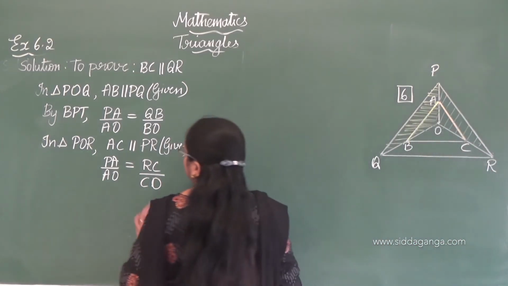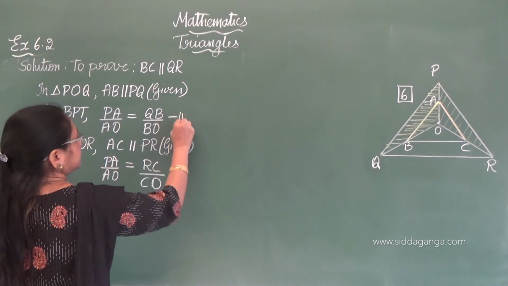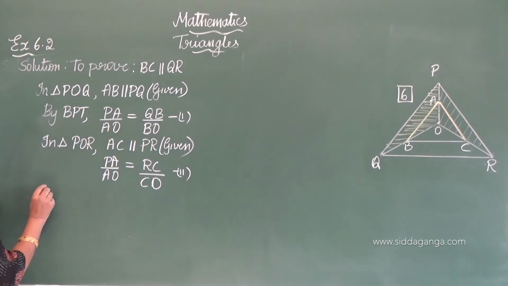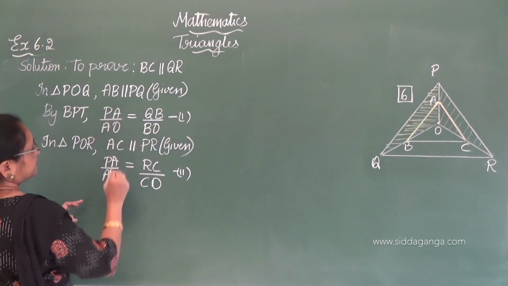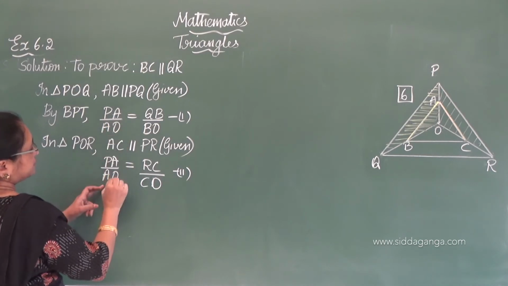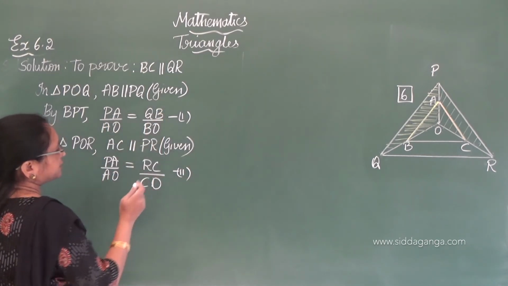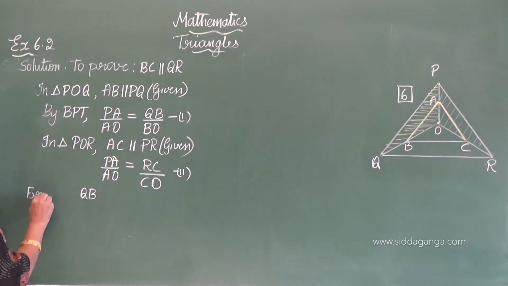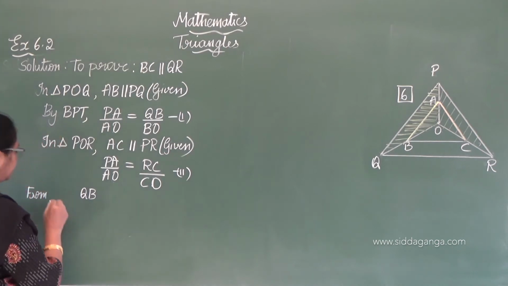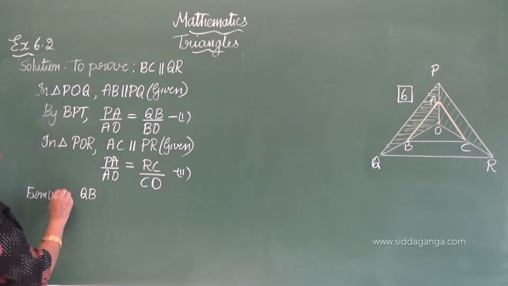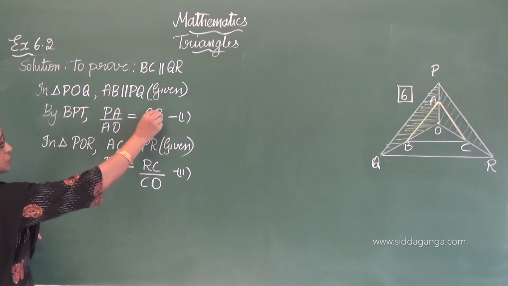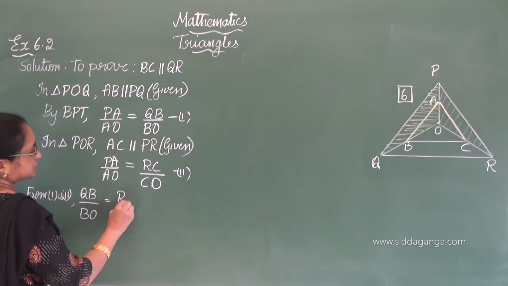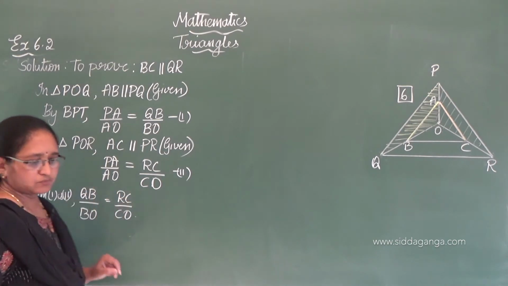Now observe these two carefully, first one and second one. See here, PA by AO and PA by AO, therefore definitely the RHS will be equal. Comparing 1 and 2, you can write QB by BO is equal to RC by CO. Now just observe this figure.